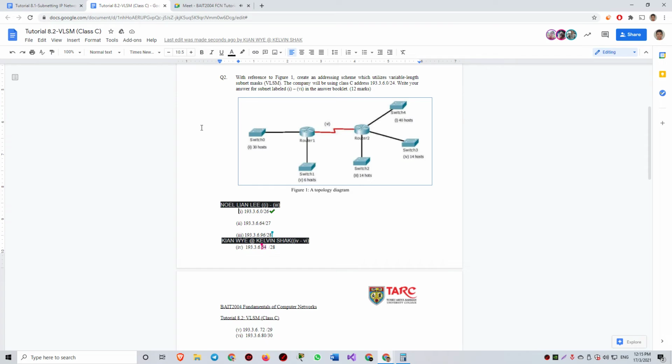You must start to subnet from the next available range, or else you are taking addresses from the previous subnet.